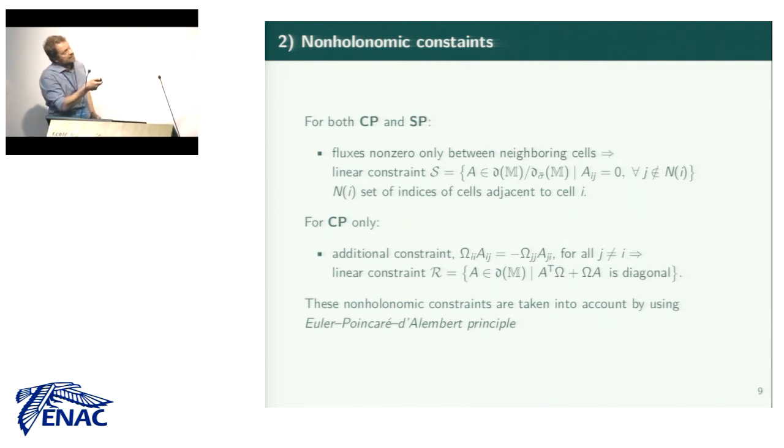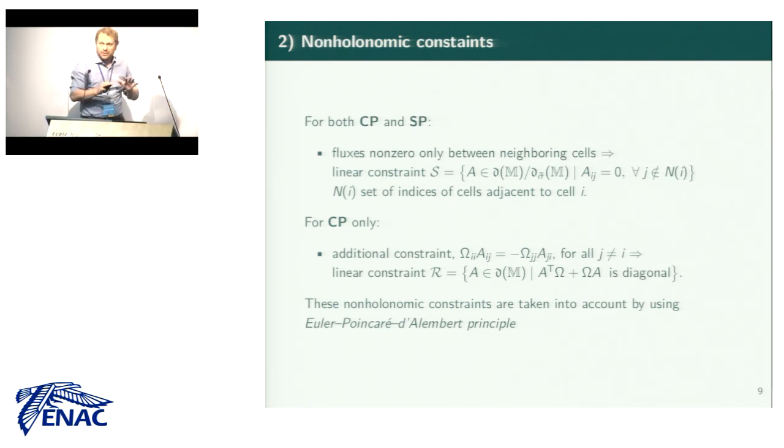So this is included in this constraint here. So if n is not an adjacent cell, then this matrix element should be 0. And an additional constraint we need for the compressible case, here we need that the matrix elements multiplied by the volume fulfill this antisymmetry relation. And then we have another constraint.